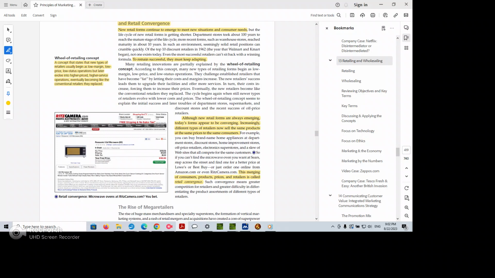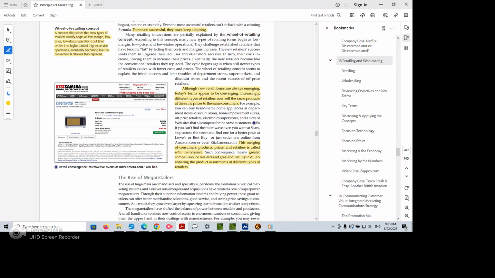Okay. Such convergence means greater competition among retailers and greater difficulty in differentiating the product assortment of different types of retailers.